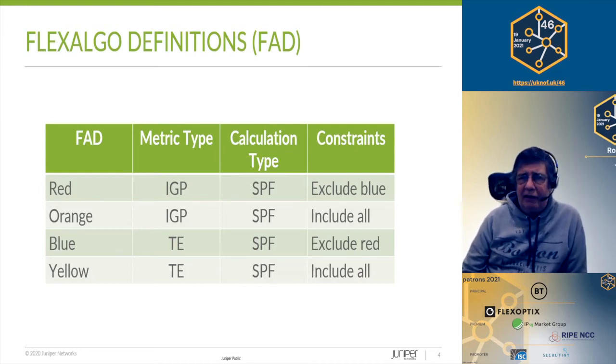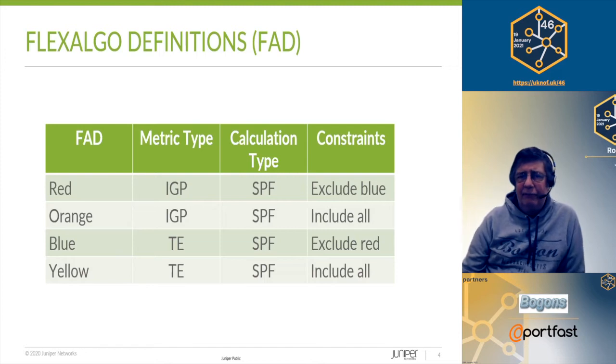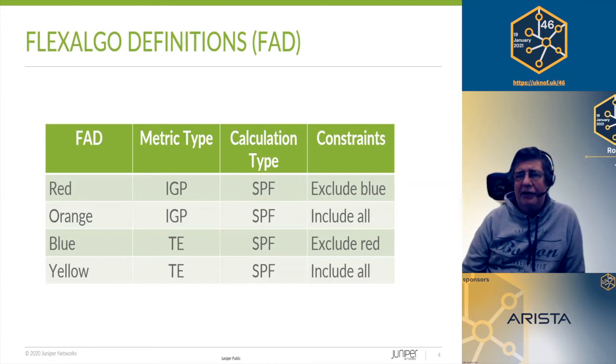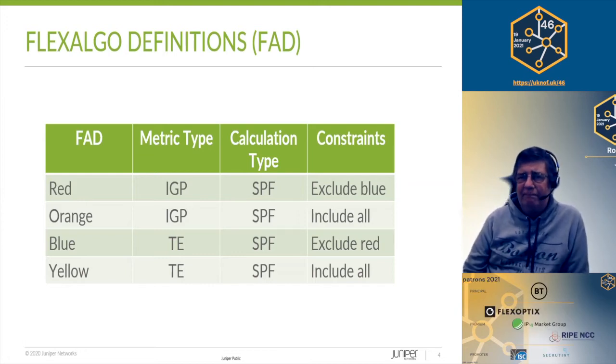So what does a Flexalgo definition look like? Well, one of them is the red Flexalgo. It uses only the IGP metric. Remember, we had 2 metrics for each link. It'll use the IGP metric. That's to be compared with the blue Flexalgo that uses only the TE metric. They all use SPF route calculation.